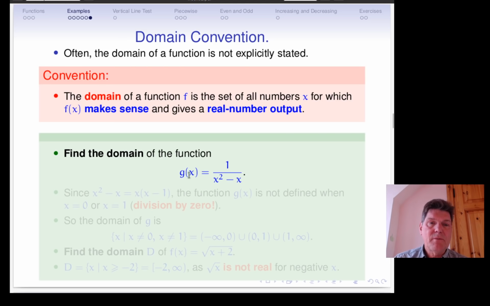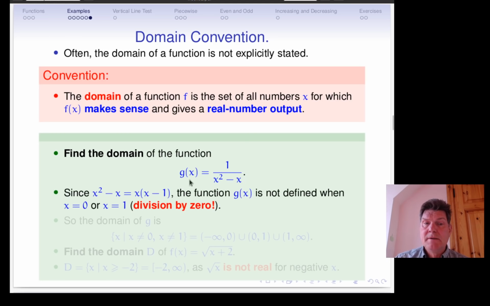Actually the same thing happens when you substitute 0 for x here, and then it's 1 divided by 0 minus 0. It's still 1 divided by 0, which we must not do, which doesn't make sense. And by factorizing this denominator, x squared minus x, as x times x minus 1, we see that this denominator becomes 0 exactly when x is 1 or x is 0.